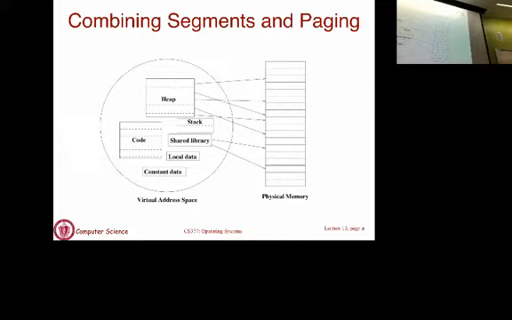Then you will say page 3 within the heap and offset I within it. So you have three parts to the address. You first identify the segment. Then you identify which page within the segment you are trying to access, and then which offset within that page. Is that clear? Because there's an example coming up soon, which you will have to tell me how to do.